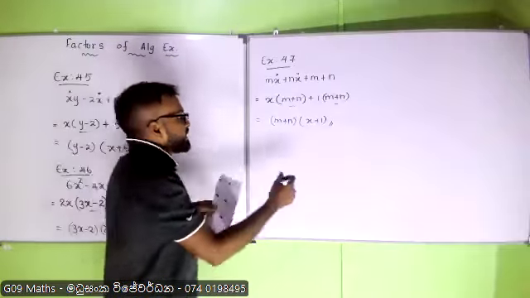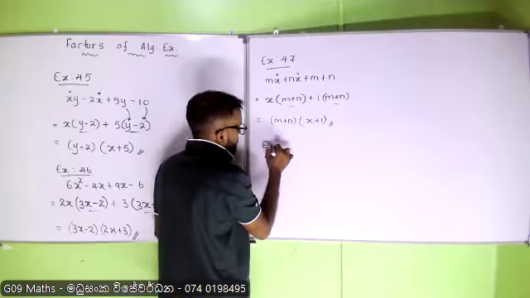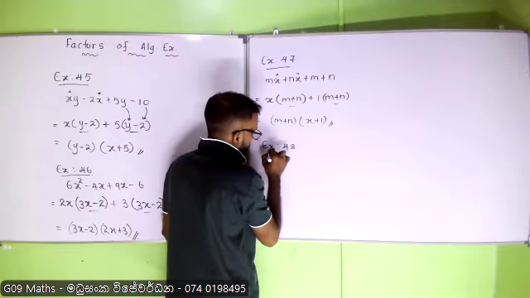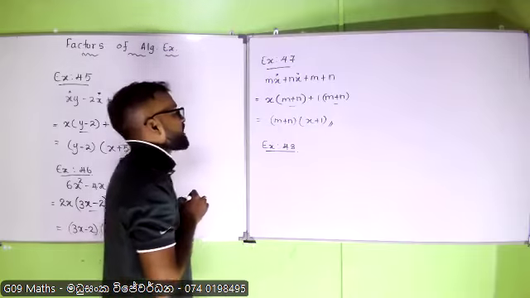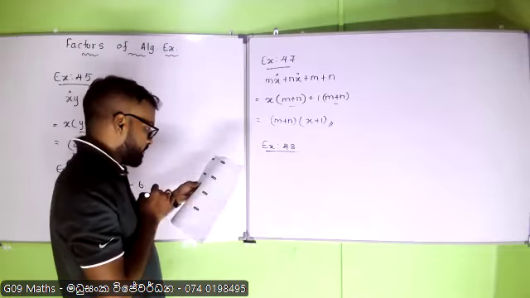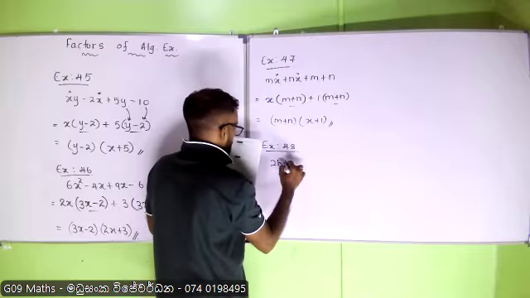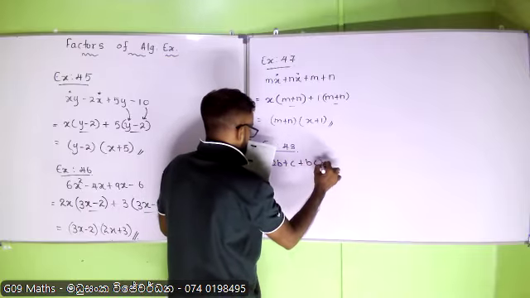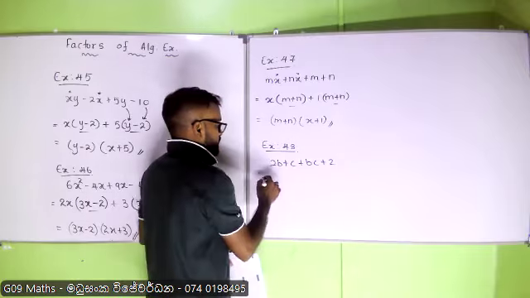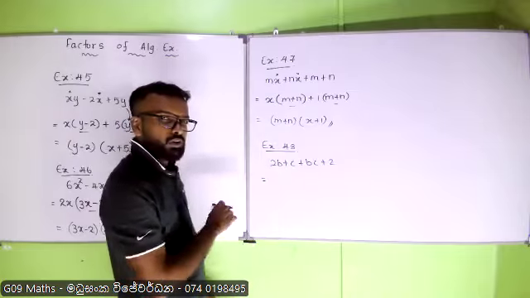Example number 48. What is it? 2b plus c plus bc plus 2. A small trick here.